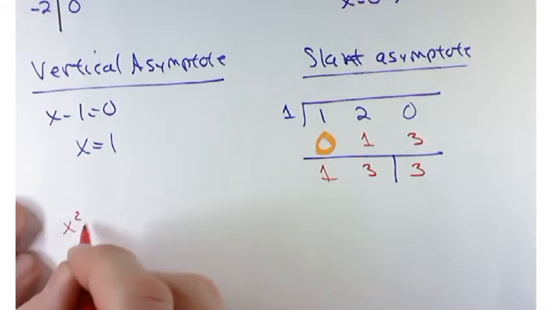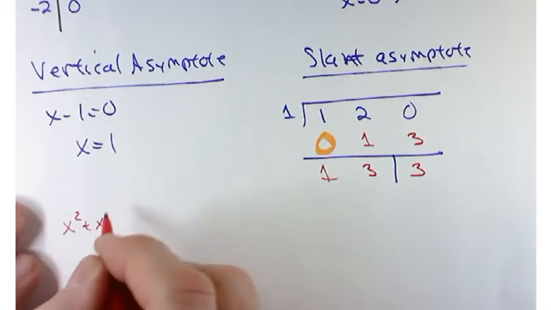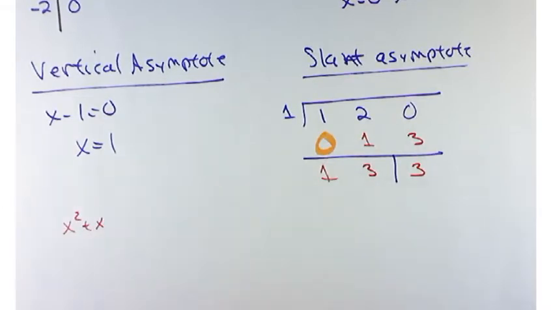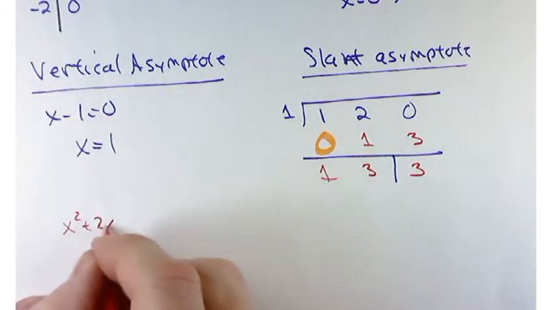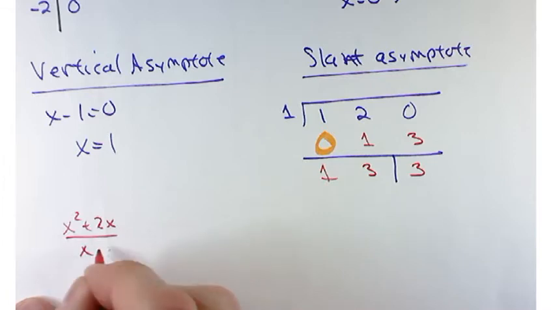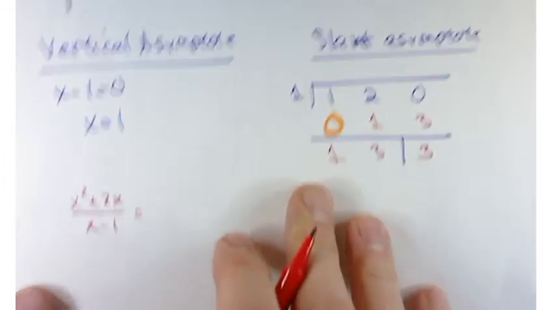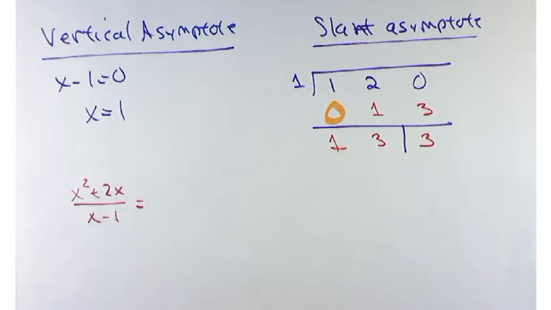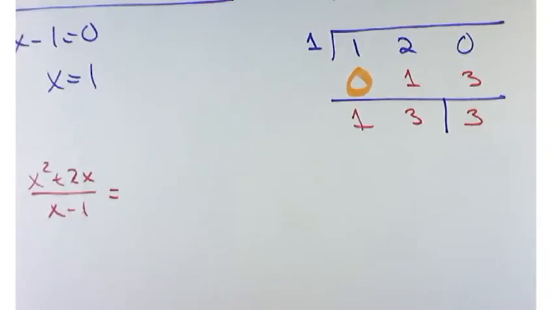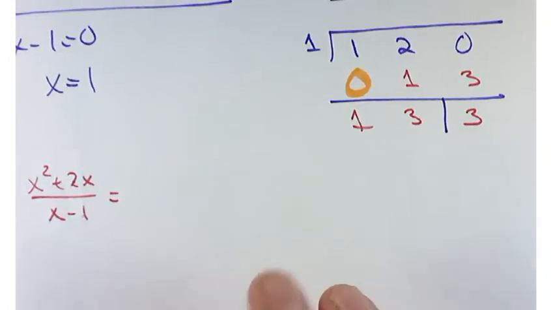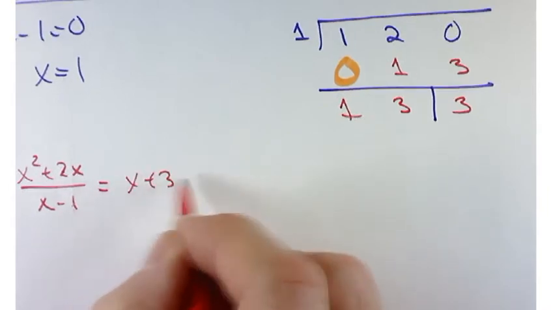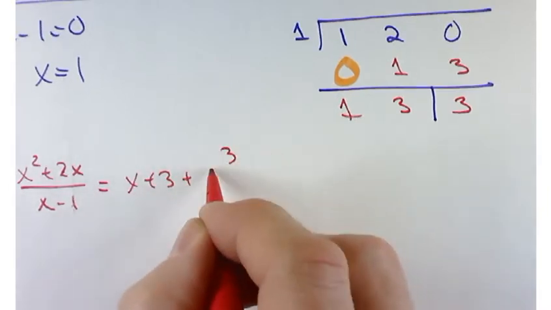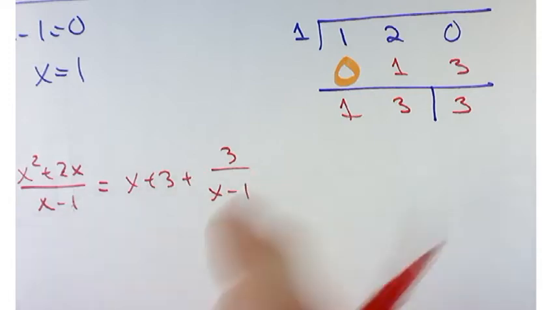So x squared plus 2x over x minus 1 equals, well, what is this saying to me? X plus 3 plus 3 over x minus 1.